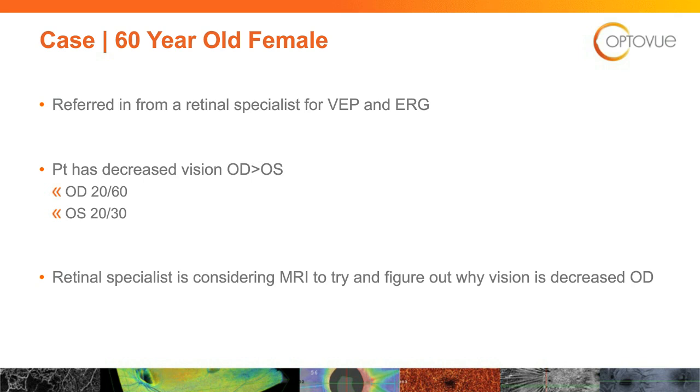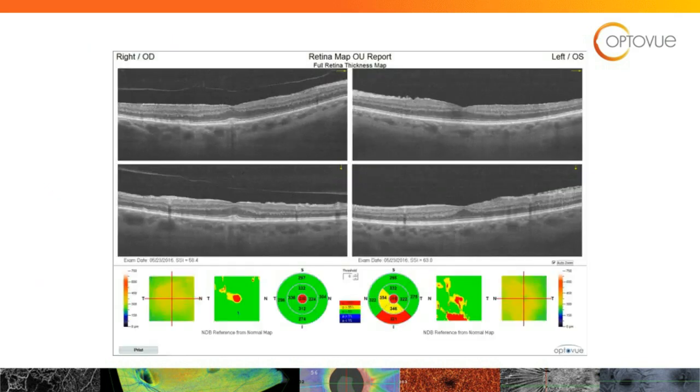This is a 60-year-old female that was sent in by a retina specialist for some electrophysiology testing, and the patient had decreased vision in the right eye more than the left eye. And the retina specialist looked at the scans and said, I can't figure out why this patient has decreased vision. Obviously, the retina specialist knows what he or she is doing with the retina, has taken a look at the back, dilated fundus exam, done an OCT.